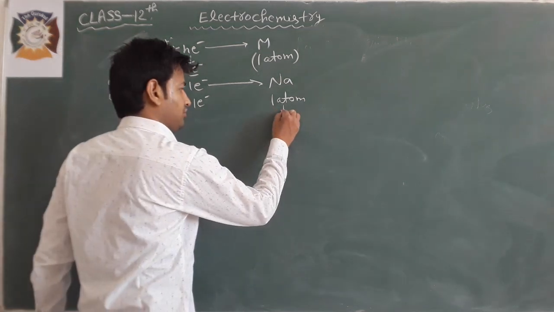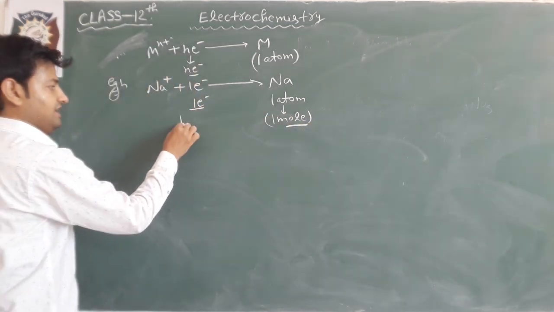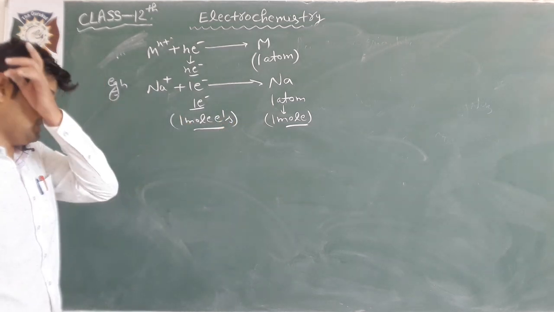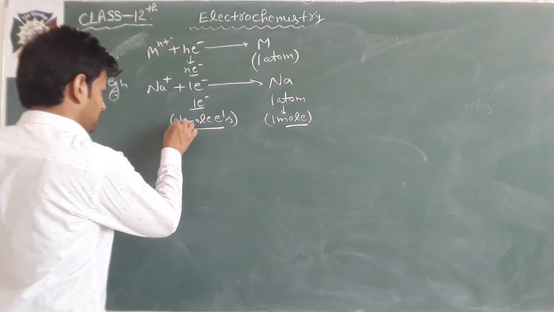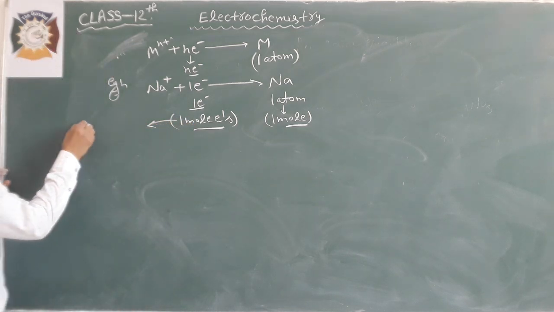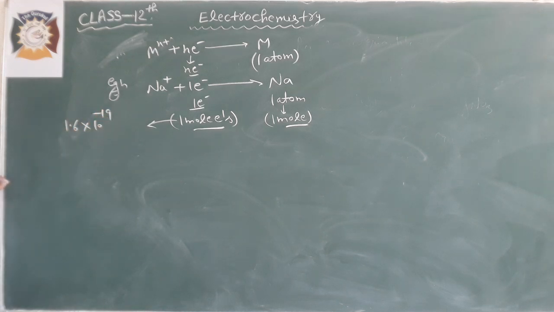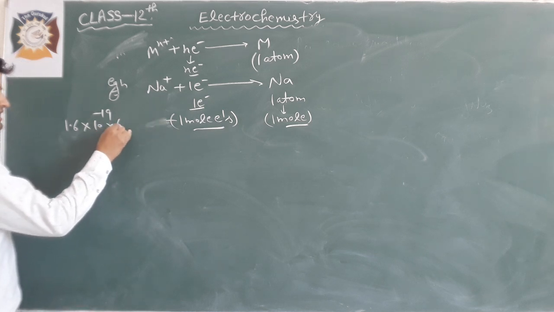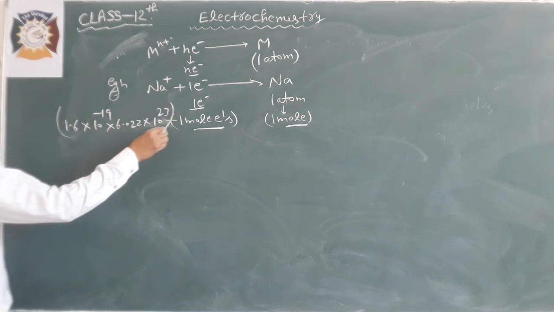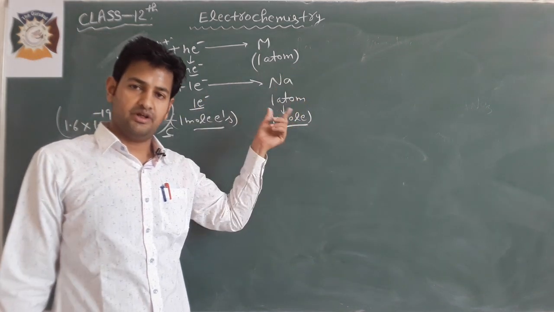If we want to deposit 1 mole of sodium, then 1 mole of electrons is required, and the charge on 1 mole of electrons will be the charge on 1 electron, which is 1.6 × 10 to the power minus 19, times 1 mole, which is the Avogadro number, 6.02 × 10 to the power 23. That much coulomb of charge is required for the deposition of 1 mole of sodium atoms.